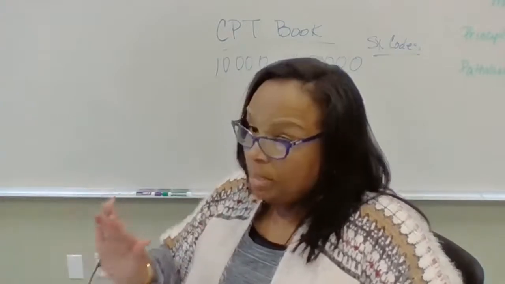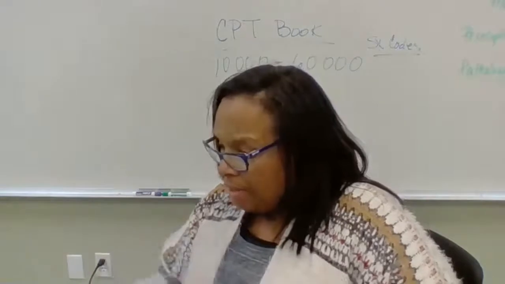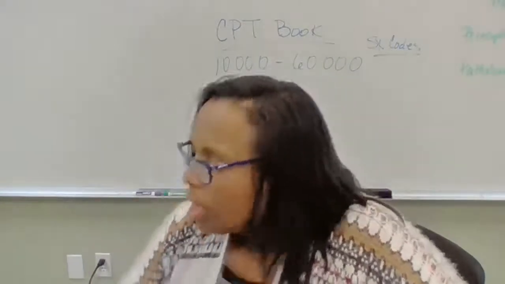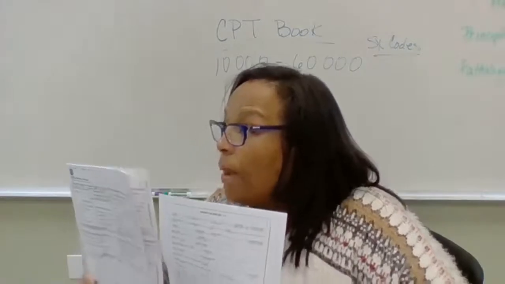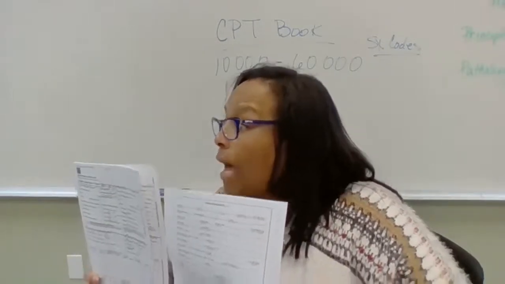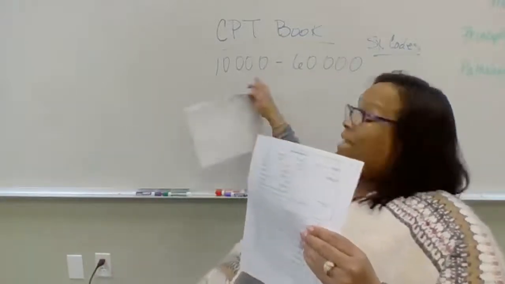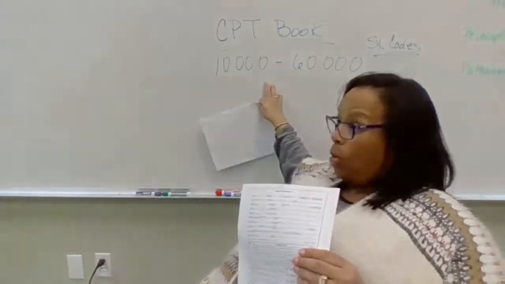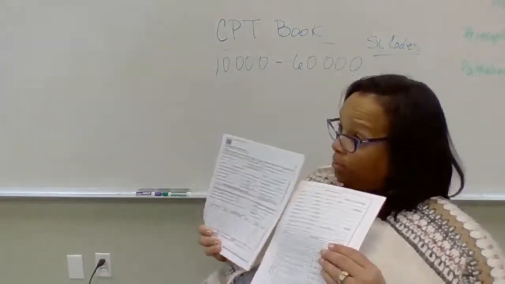But in the real world, now, here's the difference, ladies and gentlemen. We're charging the patient for the doctor's handiwork. So we have to give a CPT surgical code on the CMS 1500 form.